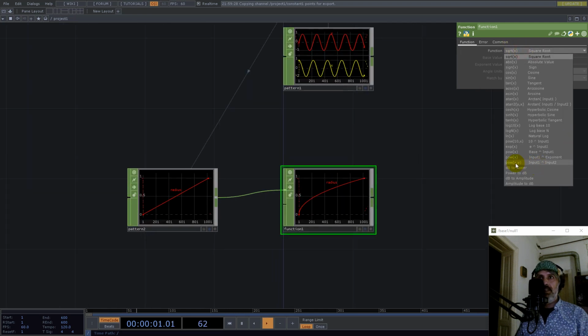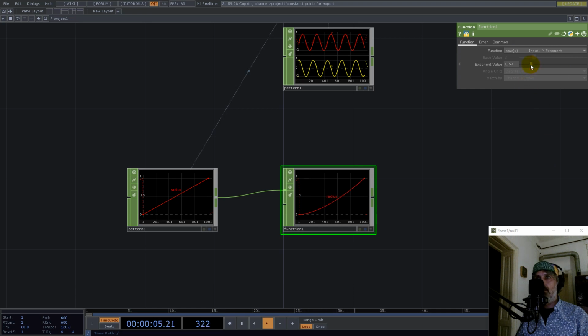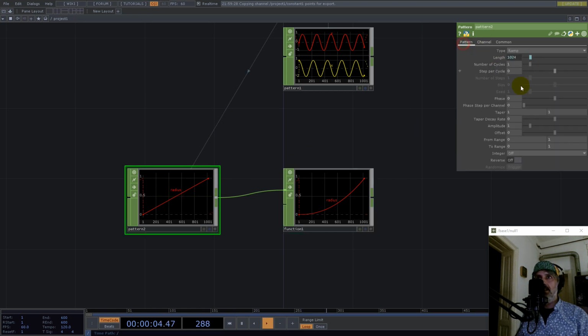Okay, and now if we use a function, okay, and we take the power x input 1 exponent and we play here. Yeah, the only difference is that at the bottom, at the beginning of the shell, we need to start with the radius of 1, and actually we need something like here, but inverse. So we can do this in the pattern.